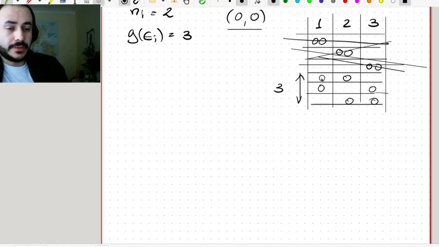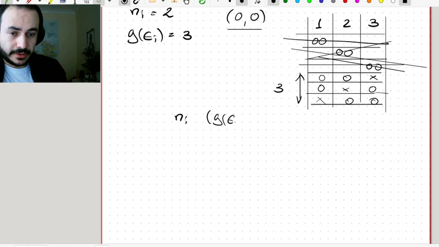Well, you have to see that what you have here is particles and blank spaces. We can just call them x's like this. So again, it's a matter of counting permutations. In a configuration where you have ni particles, how many blanks do you have? You have as many blanks as the degeneracy of the level minus the number of particles.